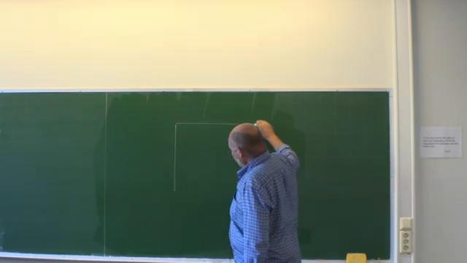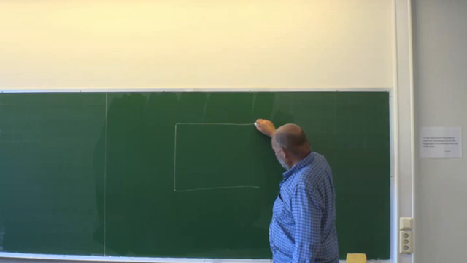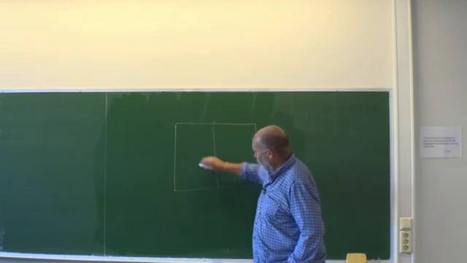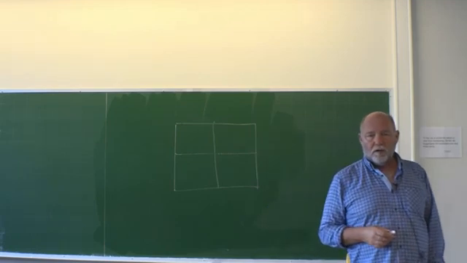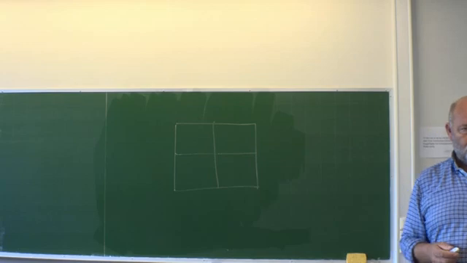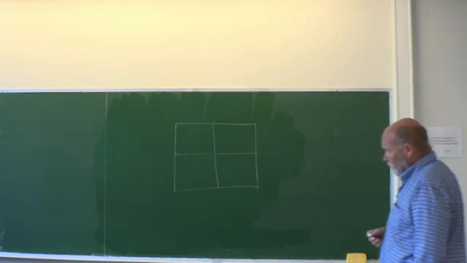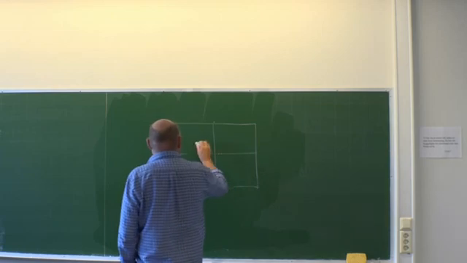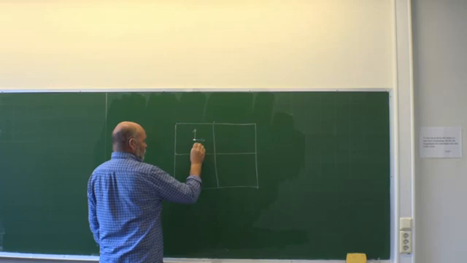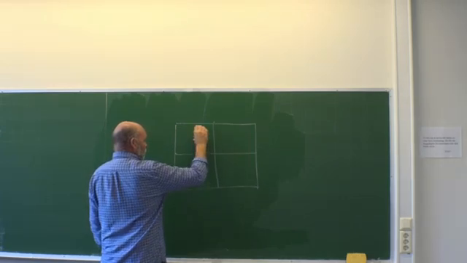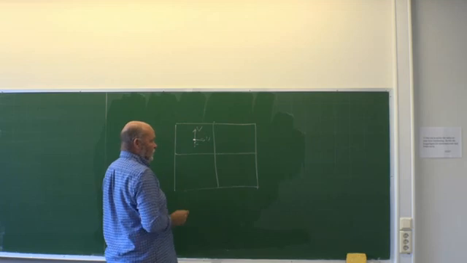So here is my mesh system. I just draw it 4 by 4 for simplicity. How does OpenFOAM operate? It uses co-located mesh systems. So here I have V velocity, U velocity, and the pressure. Everything located in the cell centers.